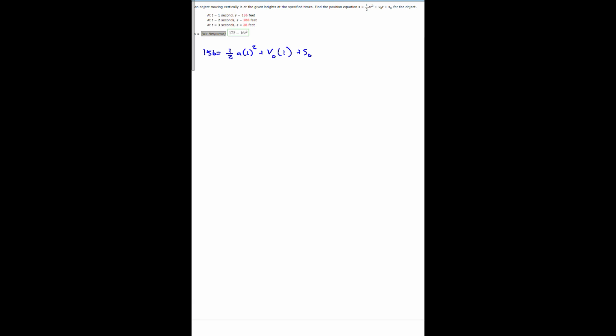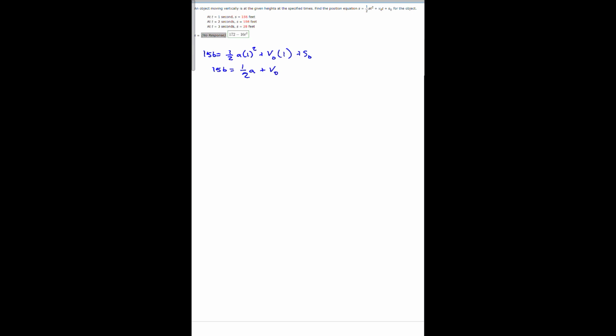All we're doing right here is plugging in t for t and s for s. So our final equation, whenever we simplify this, should be 156 equals 1/2 a plus v naught plus s naught.